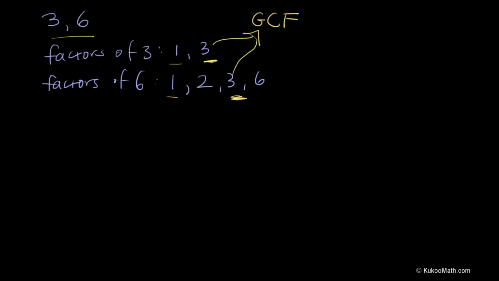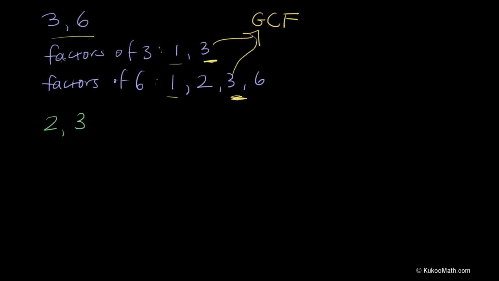Now let's look at a different pair of numbers. Let's look at 2 and 3. You don't have to write out the factors, but if it's a simple number, you can probably just think of them in your head. So let's look at 2 and 3. The factors of 2 are 1 and 2.